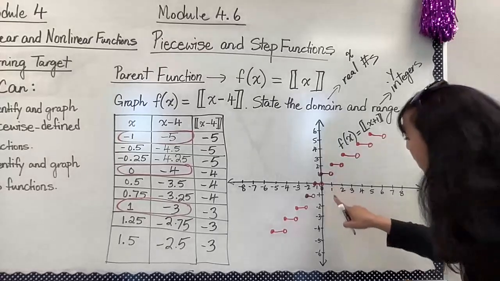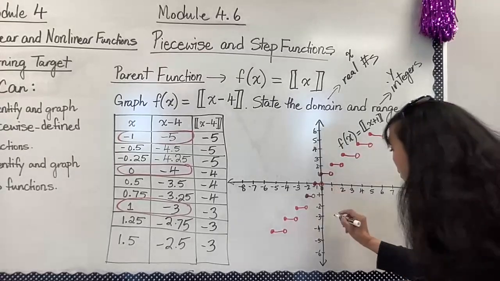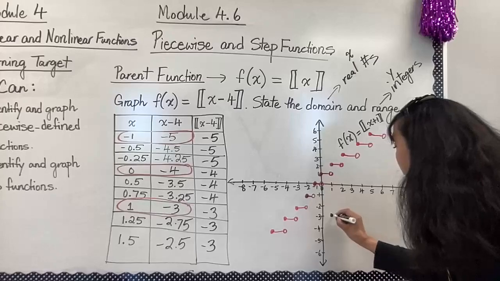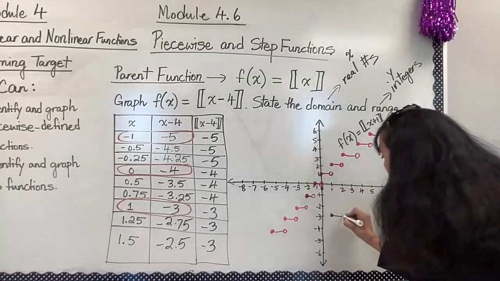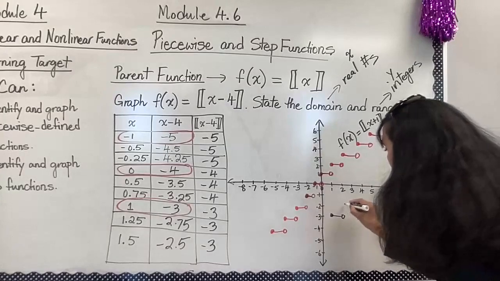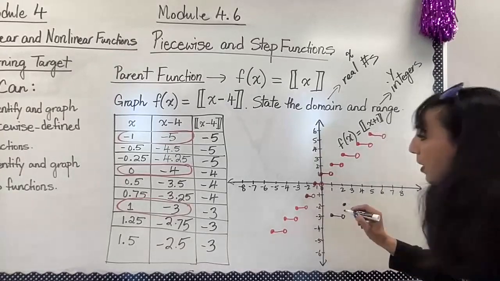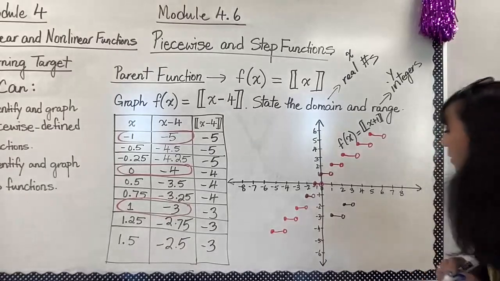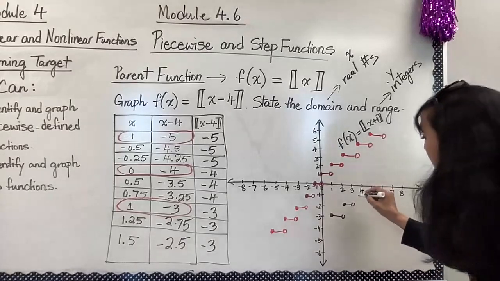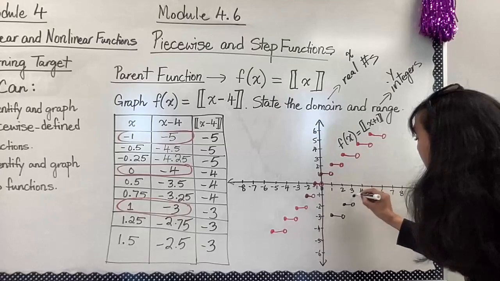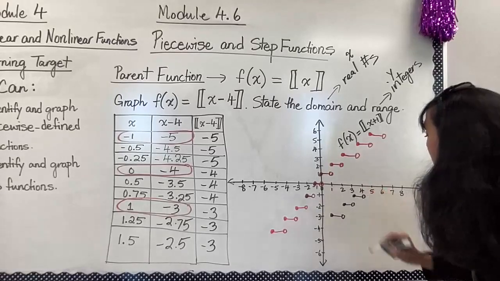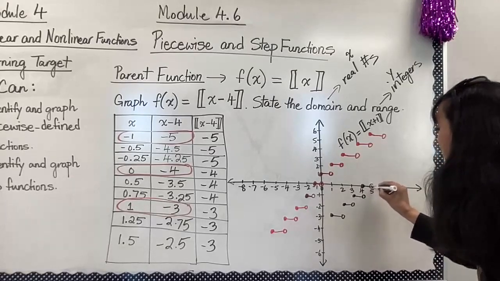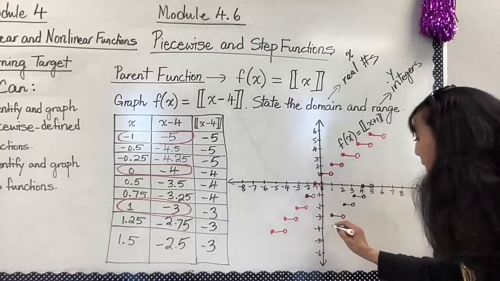So we have closed and open, and here's open, and then closed, then open, closed, open, closed, open, and then we can go backwards.